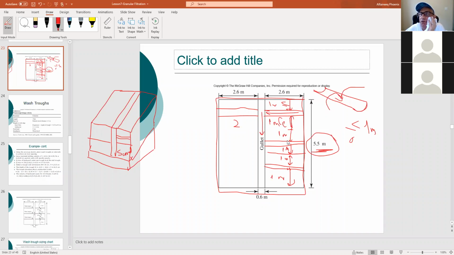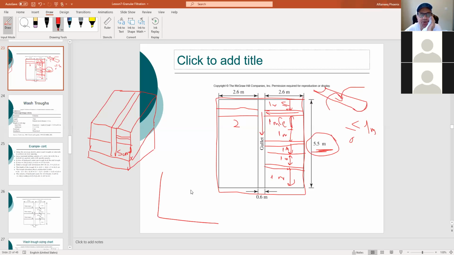Okay, so once you finish with this, everything is fine. You're almost done with the design of the filter box, but not yet the media inside it, mainly the sand. The machinery is beyond our discussion. For the sand, you need sieve analysis. You need that cumulative curve, if you remember.